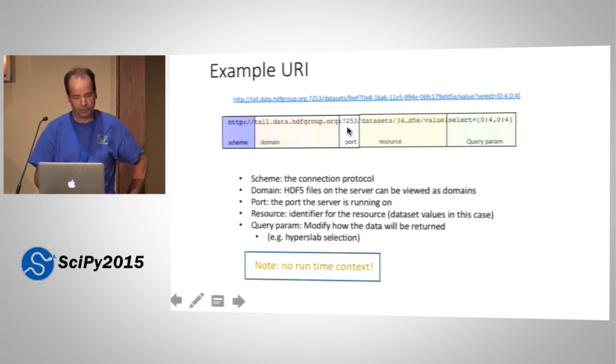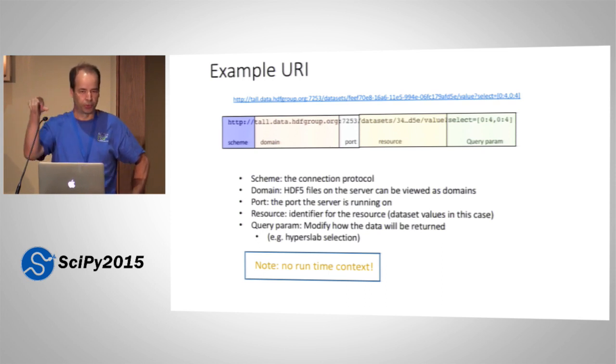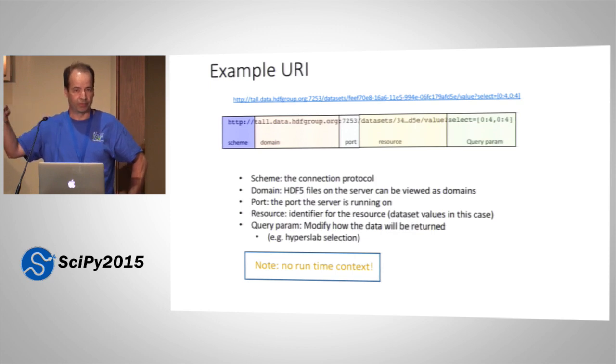The :7253 is a port the server is running on. The dataset /long UID/value identifies the resource. If you're familiar with HDF5, you might be surprised that the dataset is not referenced as a path, like /group1/group1.1/dataset1.1.1.